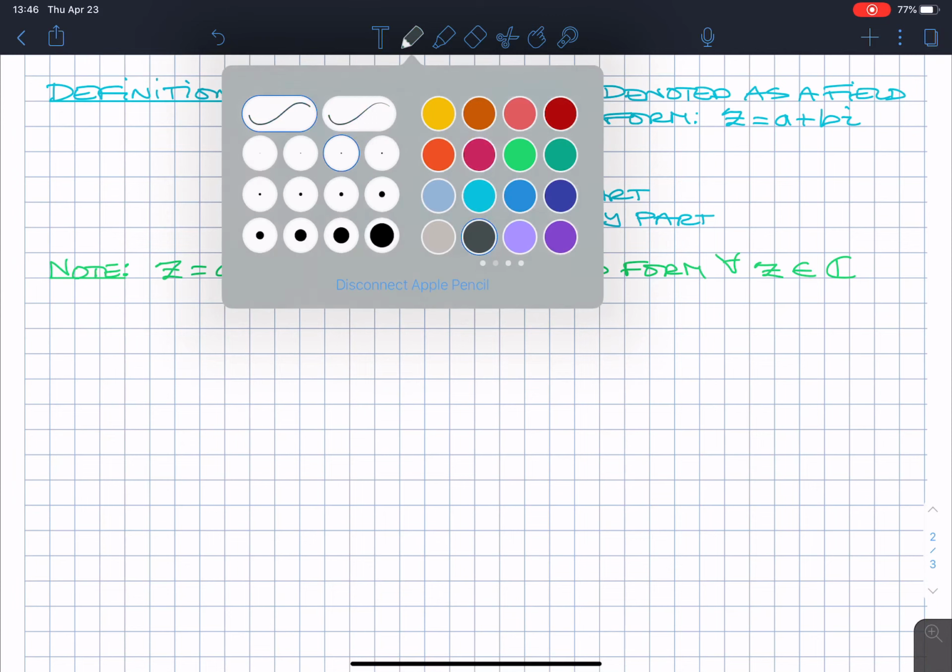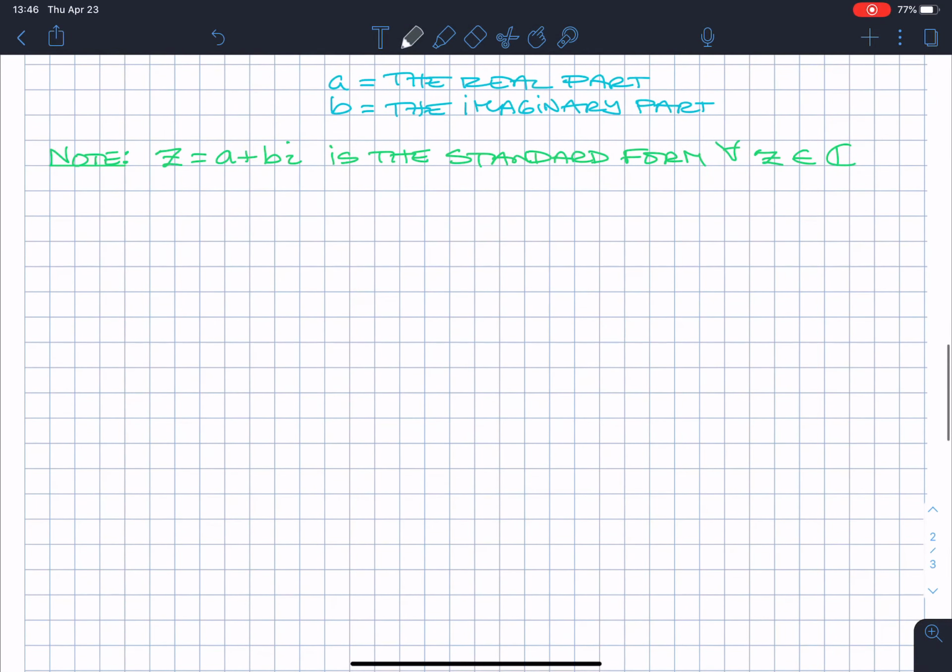Okay, so for example, let's express the following complex numbers in standard form.